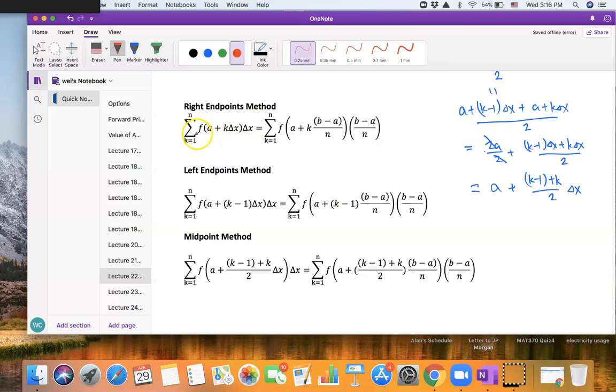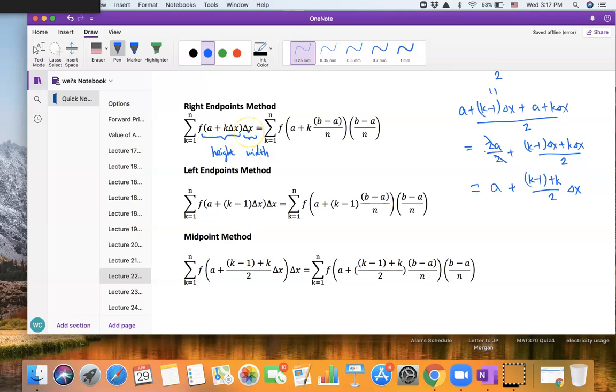So using the right endpoint method, the approximation is the sum of f of (a plus k delta x) times delta x. Again, remember this first term represents the height of the kth rectangle, and delta x represents the width.